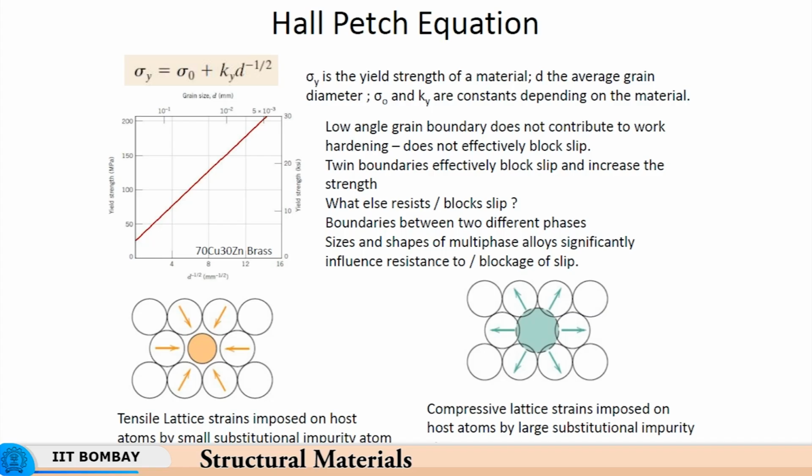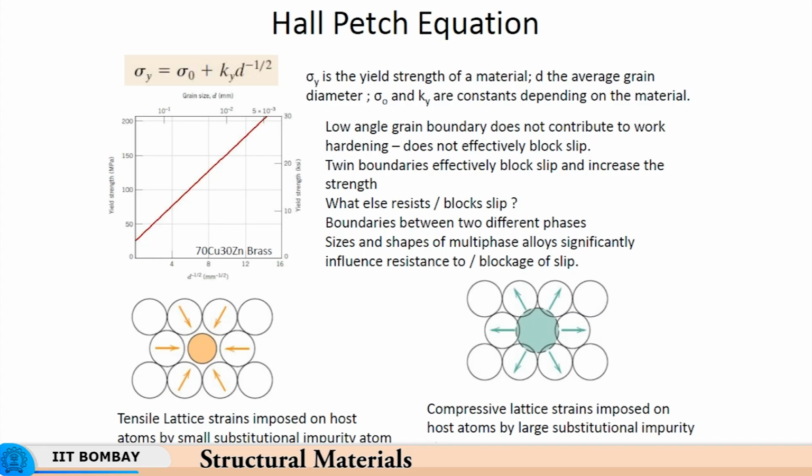Okay. So now you have the different strains imposed on host atom by substitutional atom, and so the compressive strains imposed on host atom due to large substitutional impurity atom. It does not have to be impurity, it can be alloying atom, alloying element as well.